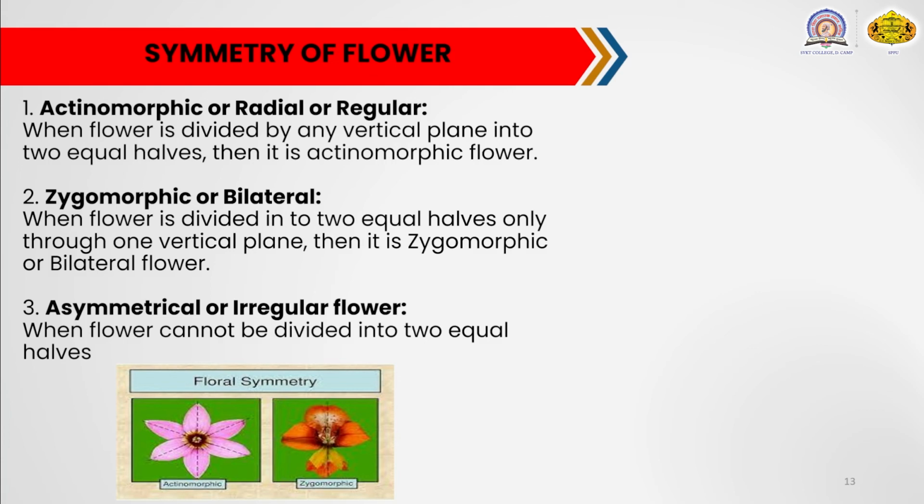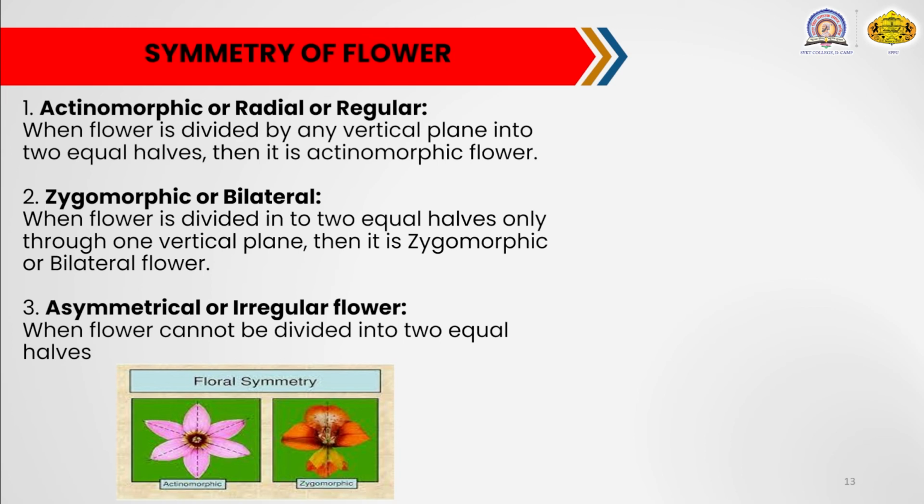You can see the first image. All the floral parts of the flower are of the same dimension, and that's why you can cut from any side and you will still get two equal halves. So this flower is called a radially symmetrical or actinomorphic or regular flower.